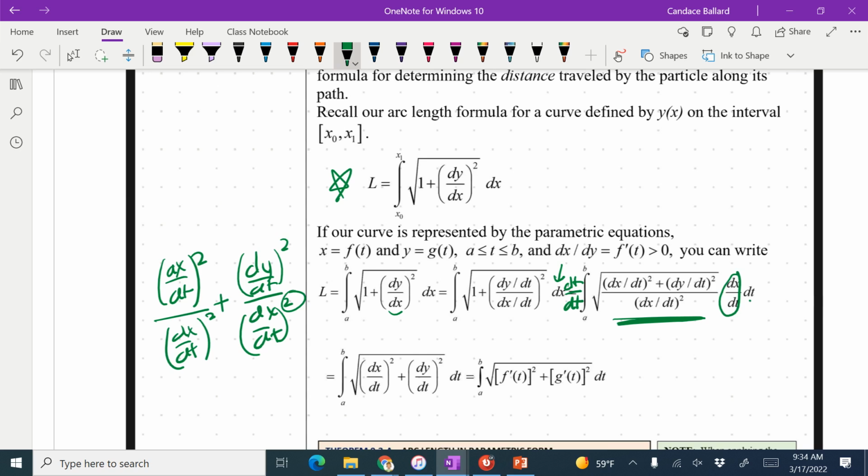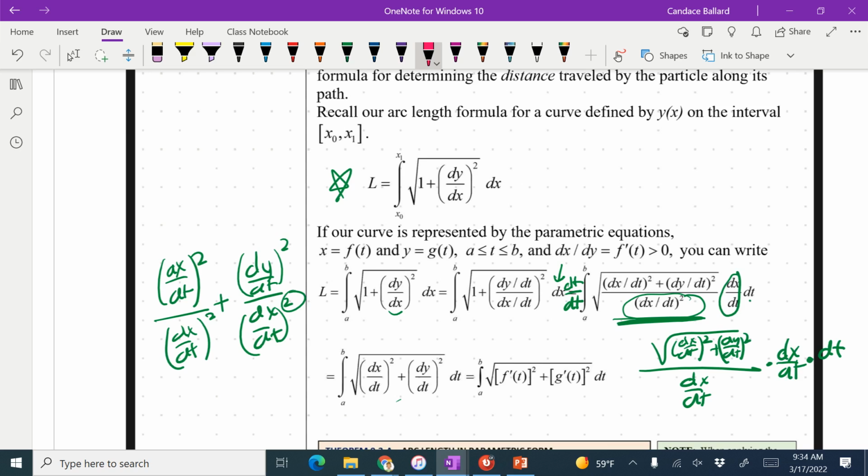Then the line that got skipped is, to get reduced back to this, they took the square root of this. What's the square root of dx/dt squared? dx/dt. So I'm going to write a little line in here, okay? So I still have this mess, the dx/dt squared plus dy/dt squared, over dx/dt times the dx/dt times the dt.